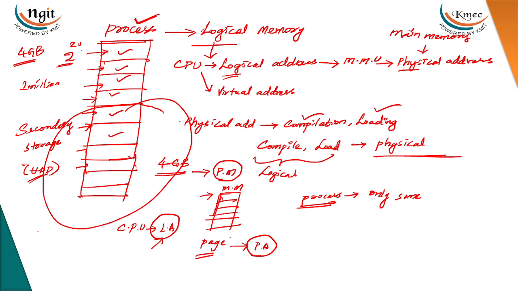But most of the time the page may not be available in main memory, and is available on the hard disk. At that time you need to load the corresponding page from hard disk to main memory.